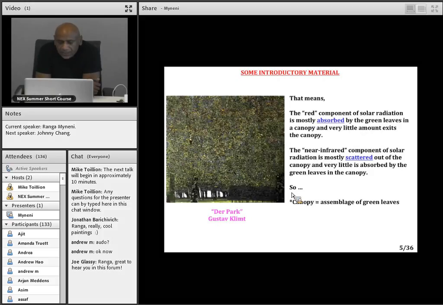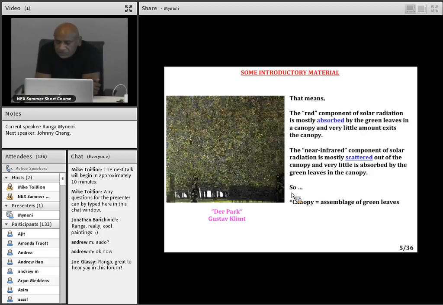And at near-infrared wavelengths, most of the radiation is scattered out, especially from the top of the canopy, because the radiation is incident on the top of the canopy.